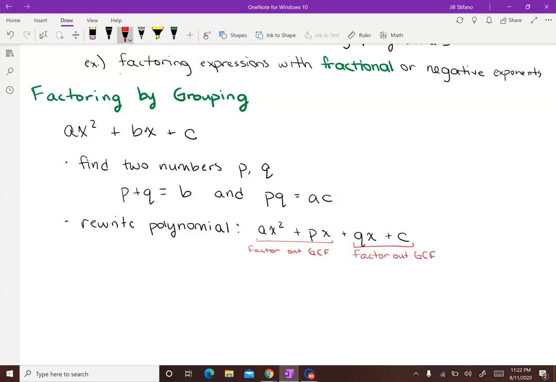And then we rewrite that again. And then the whole thing, once we have it rewritten, we then again factor out the GCF of the whole thing. You can see a couple examples of this in the section that you'll read on Perusall.